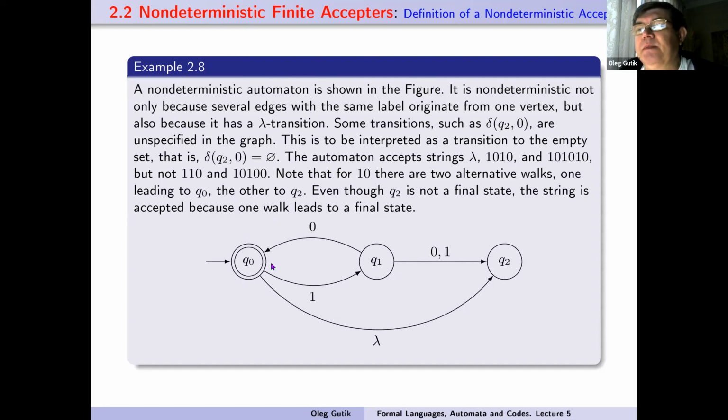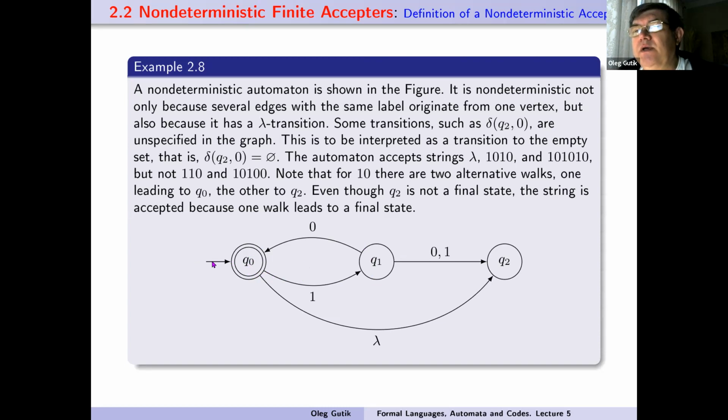Here is an input state and the output state Q0. We have a walk from Q0 to Q1 and back to Q0. And this automaton accepts only words of the following form.